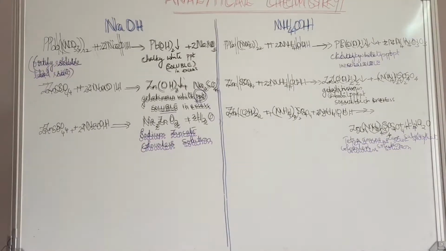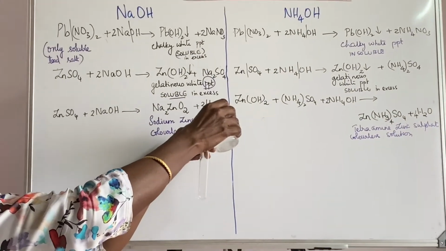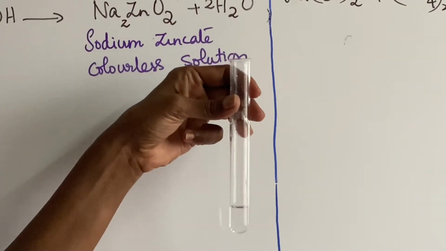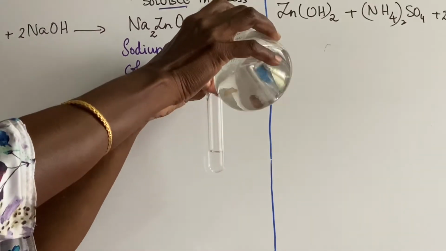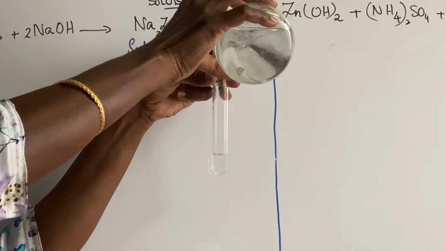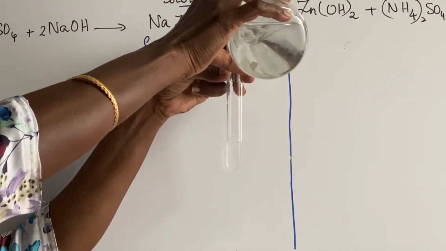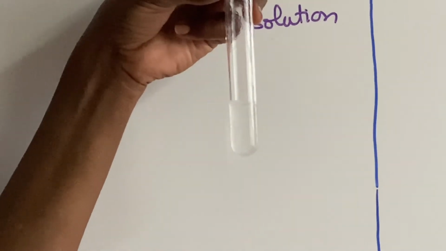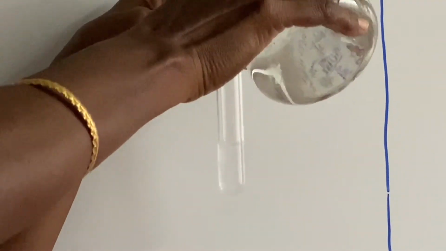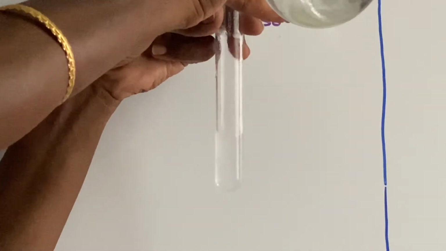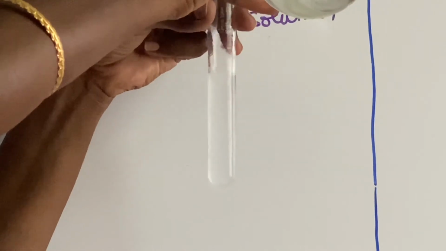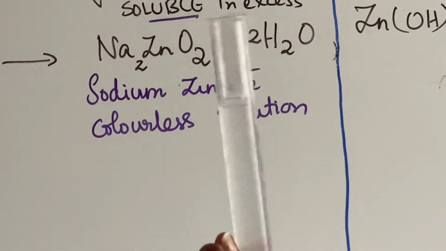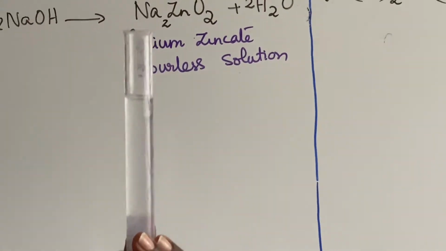Let us see what happens here. Now let me add zinc sulphate, and to this I am going to add sodium hydroxide. It forms a gelatinous white precipitate. Now when I add it in excess, this precipitate starts dissolving, and you can see slowly the precipitate dissolves on the top.